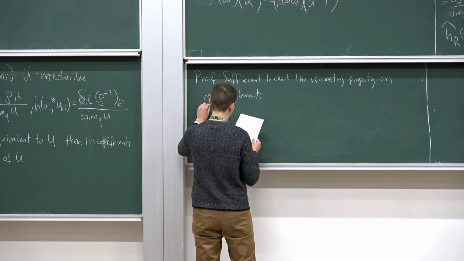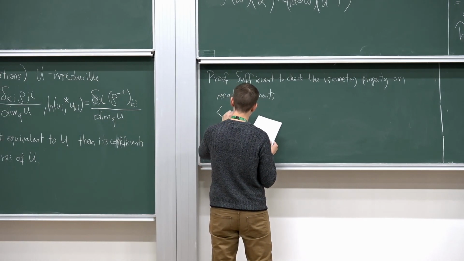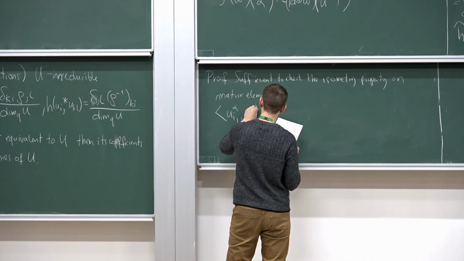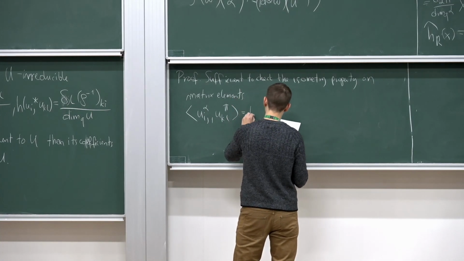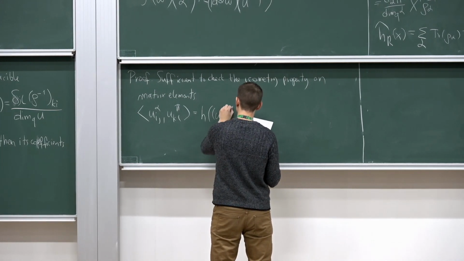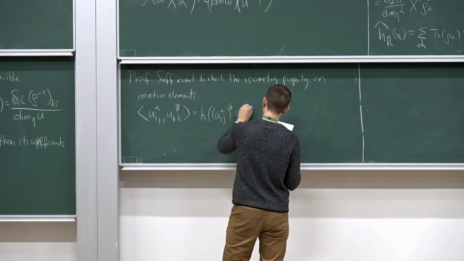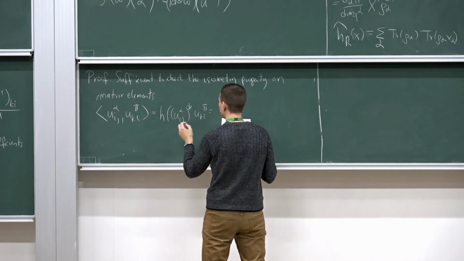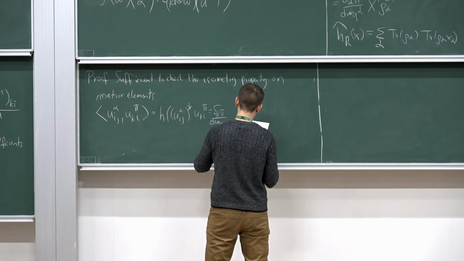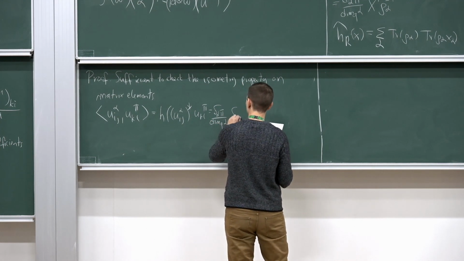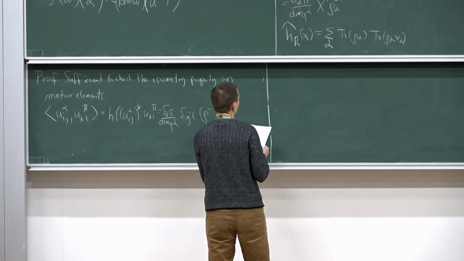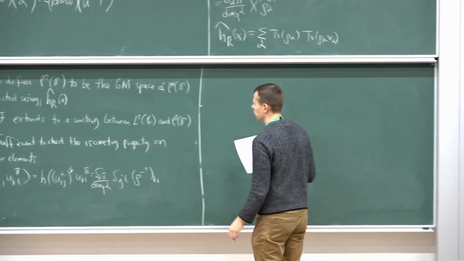We have the inner product of Uij alpha, UKL pi, is equal to h of Uij alpha star UKL pi, which is by the orthogonality relations delta alpha pi over the quantum dimension of alpha, delta JL rho inverse Ki. Okay, so this is the computation on the compact side.